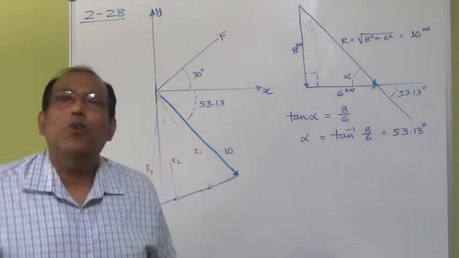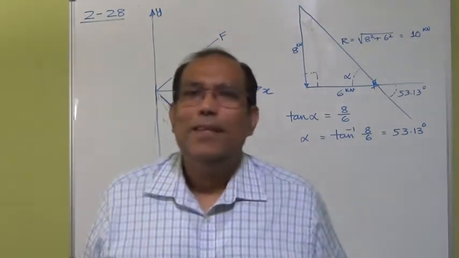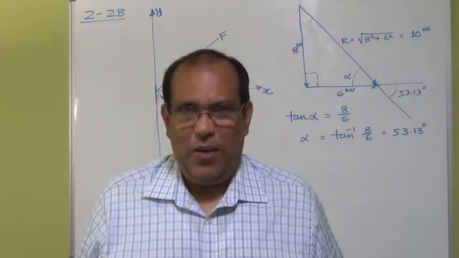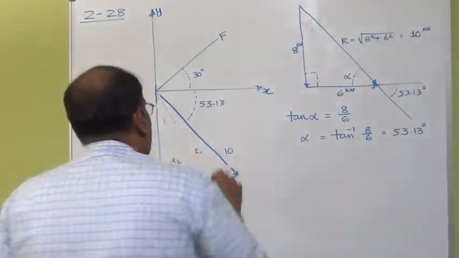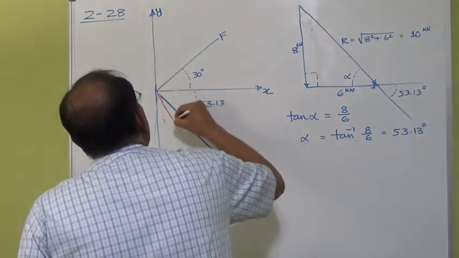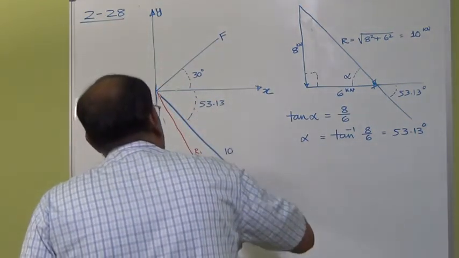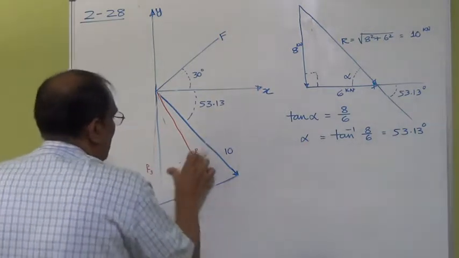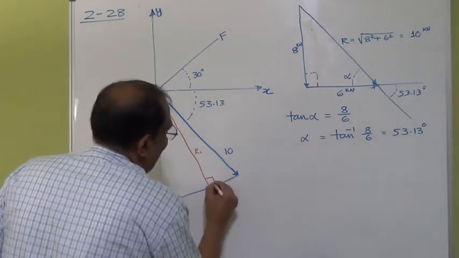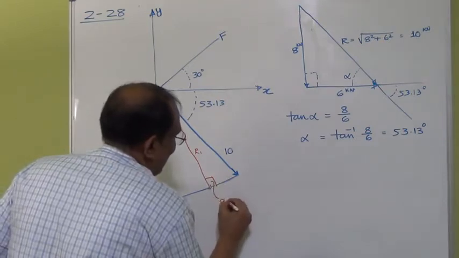So which one would be the minimum? The minimum one would be the perpendicular distance from there, right? So we can say, well, for minimum resultant, this one should be here, so that this angle is 90 degrees.